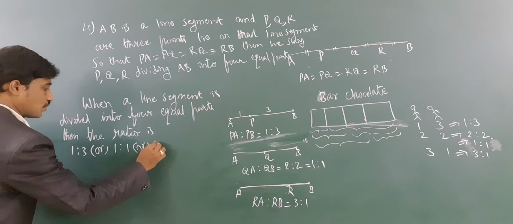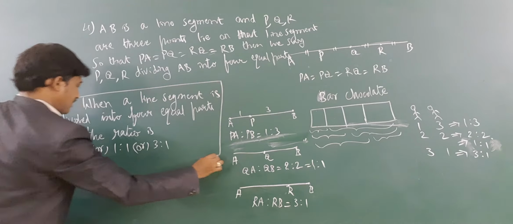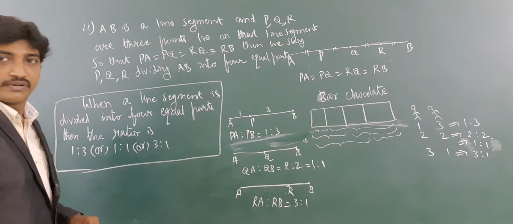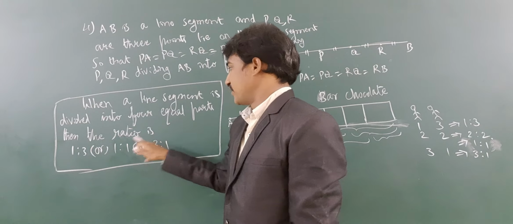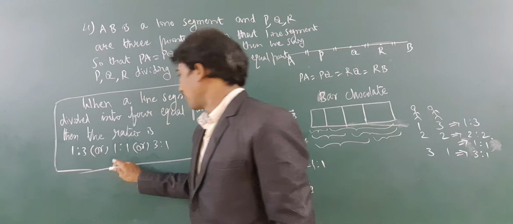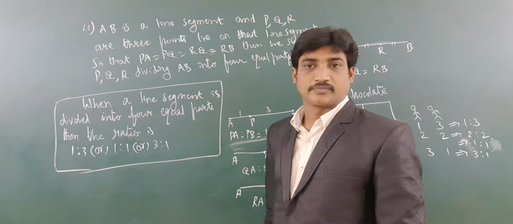There it is 3:1. When a line segment is divided into 4 equal parts, then the ratio is 1:3 or 1:1 or 3:1.